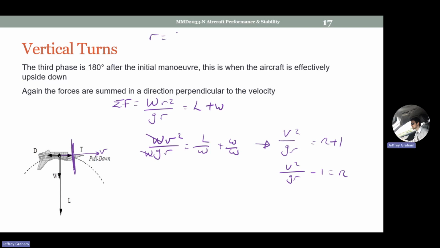All right, with the same relationship, you can get radius with a bit of rearranging of this equation here. Says the radius is velocity squared. We'll divide through by n.